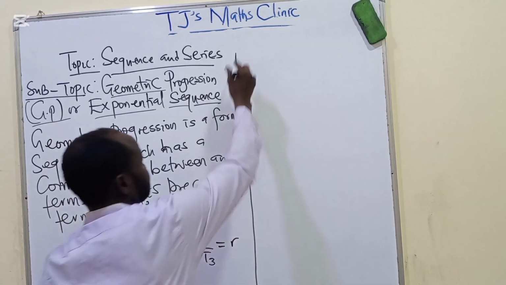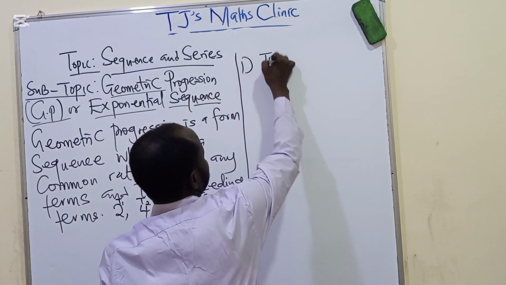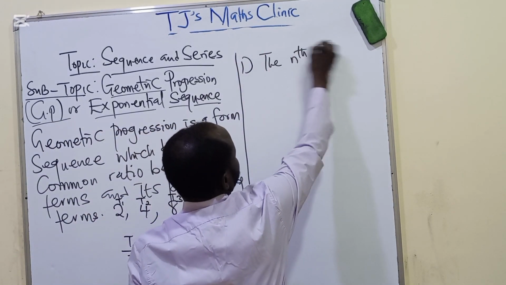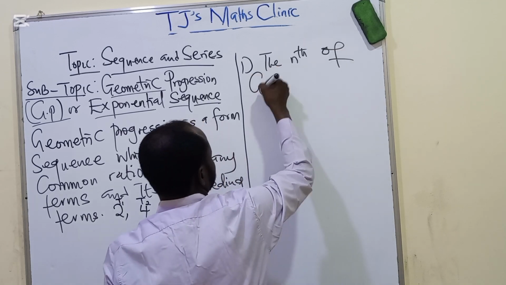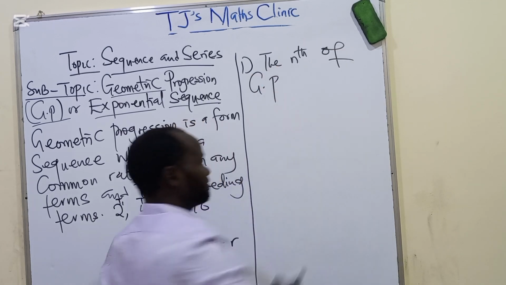Number one, the nth term of GP, G for geometric, P for progression.